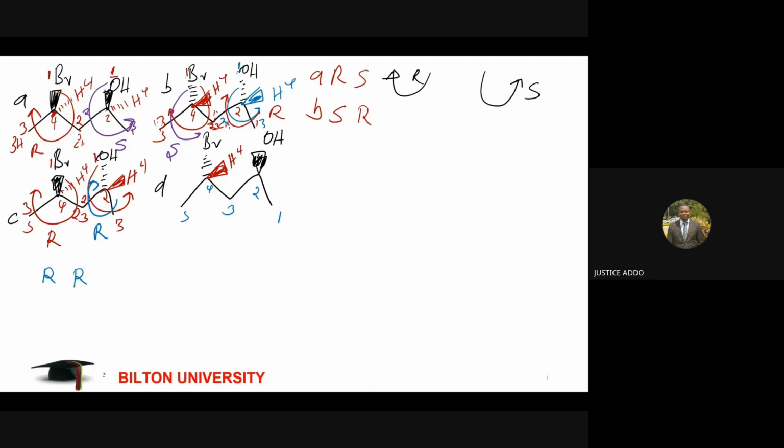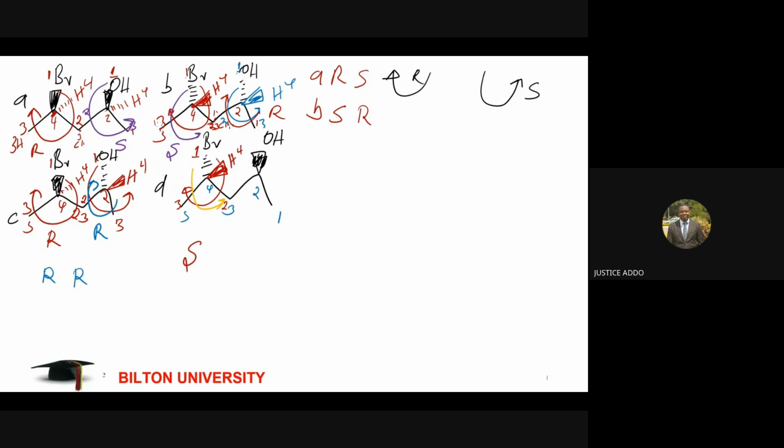So now bromine here is priority number 1, and of course this one will be priority number 2, and this is going to be priority number 3. All right, so in this case we need to move this way so that it gives us R configuration, but you realize that hydrogen is in front, meaning we are viewing the molecule in the wrong direction, so we need to take the other route. So we need to move in the other direction so that we can view the molecule in the right way, and therefore if we change, it's going to give us S.